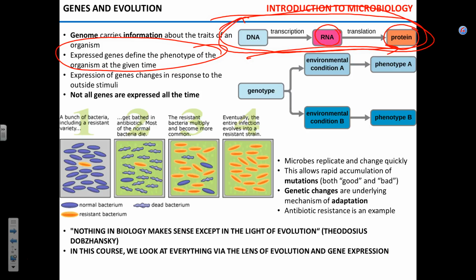Environment. It doesn't mean that if I keep you underwater long enough, you will grow gills and scales and learn how to swim underwater. It's just too short of a time. It's a longer exposure to environment for us that defines phenotype.